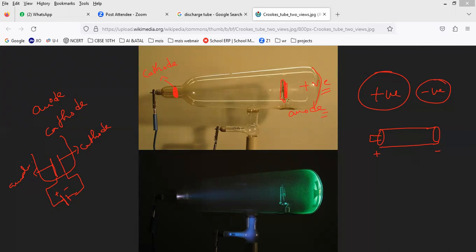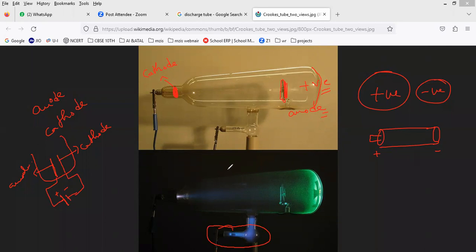Next, a side tube fitted with a stopcock. You can notice it. The stopcock is connected to the vacuum pump. You notice it here: this is the stopcock, which will be connected to the vacuum pump, because we have to create a vacuum to reduce the pressure.